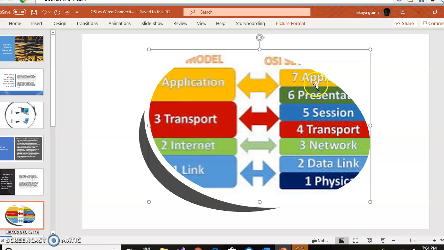It needs to flow through the application process. Once everything is a go and everything is secure, then it will go to the next layer and perform the next function in the session layer, and so on and so forth.